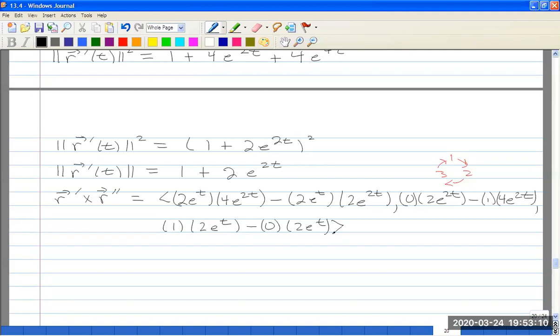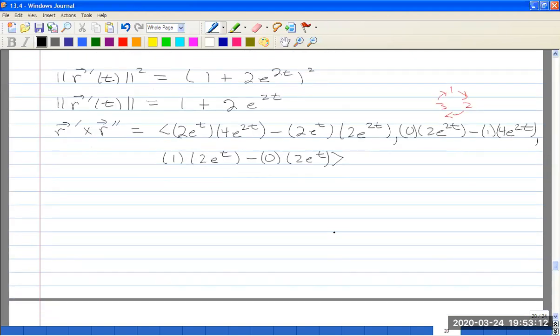So I get r prime cross r double prime is 8e^{3t} minus 4e^{3t} is 4e^{3t}. I have 0 minus 4e^{2t}, and I have 2e^{2t}.